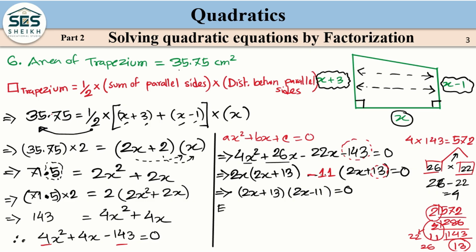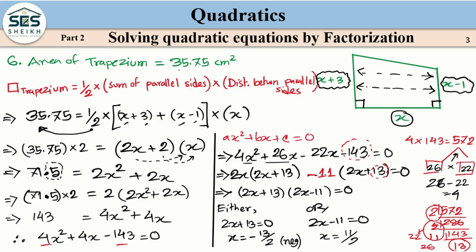So the value for x: 2x plus 13 equals 0 means x equals minus 13 over 2, which is a negative number, and 2x minus 11 equals 0 means x equals 11 over 2, which is a positive one. So for length, our positive value is our answer. We will not take the negative value. So that's how we will solve this math.